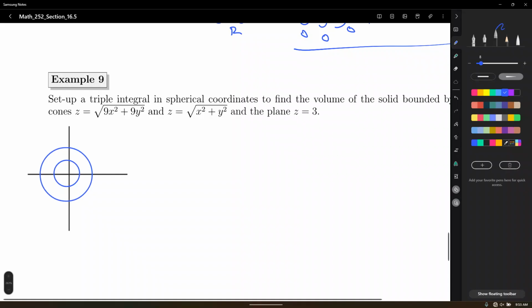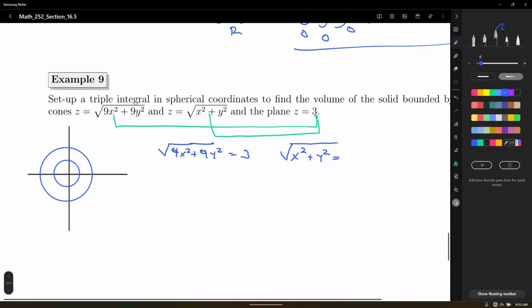So how do we get them? I need to get simultaneously this equation, the first radical equals 3, and then the second radical also equals 3, to get those two equations. Well, that is the square root of 9x squared plus 9y squared equals 3, and the square root of x squared plus y squared equals 3.